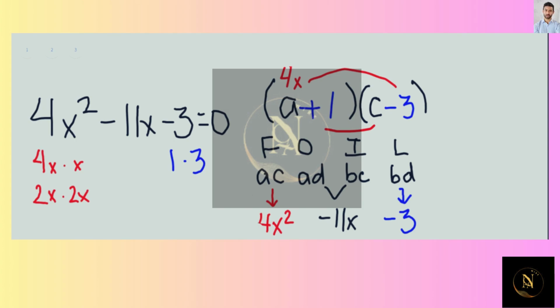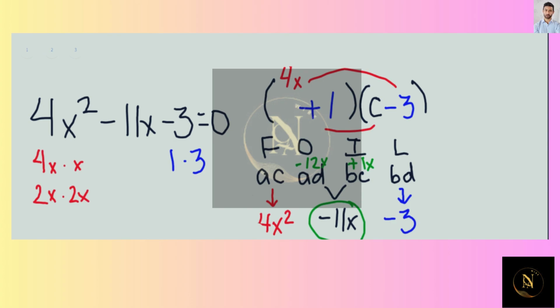So fortunately, the very first try has given us the combination we're looking for, which is negative 11x, because this would be negative 12x and this would be positive 1x. Negative 12 plus positive 1 is negative 11.